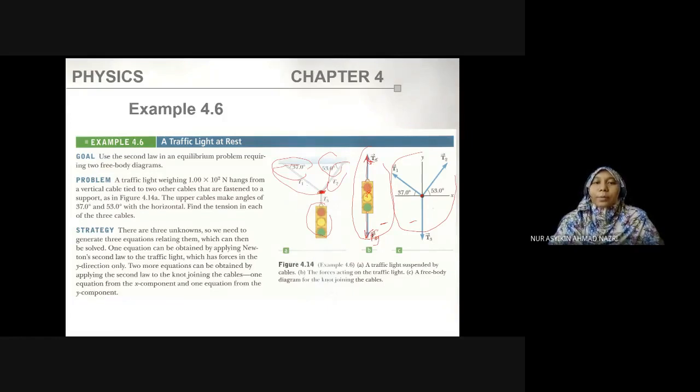So T3 away. This is your first free body diagram. Your second one, now your T3 arah bawah pula, sebab point yang kita refer adalah above dia. So dia akan away. This is how we draw the tension. And then T2 also kita akan ambil away, T1 pun kita ambil away macam tu.